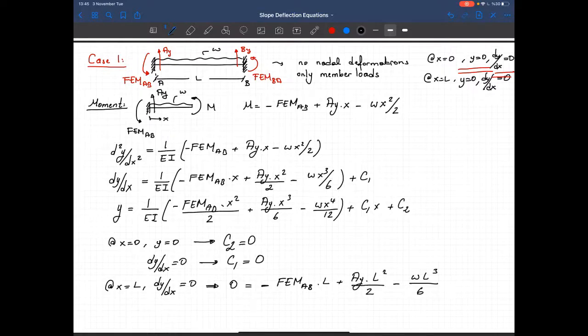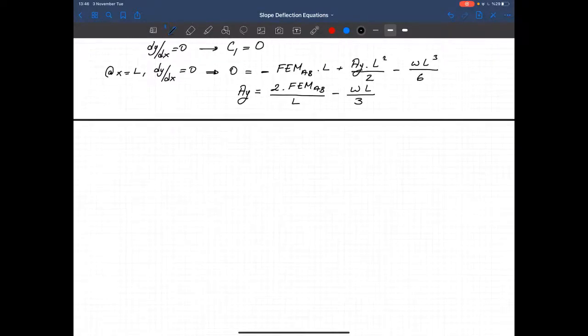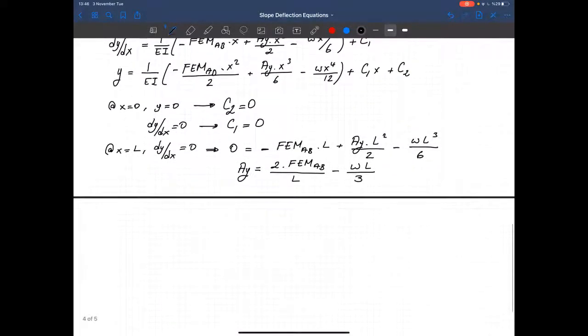And from that equation I obtain AY as equal to 2 times fixed moment AB divided by L minus W L over 3. Okay, that's the expression for AY.